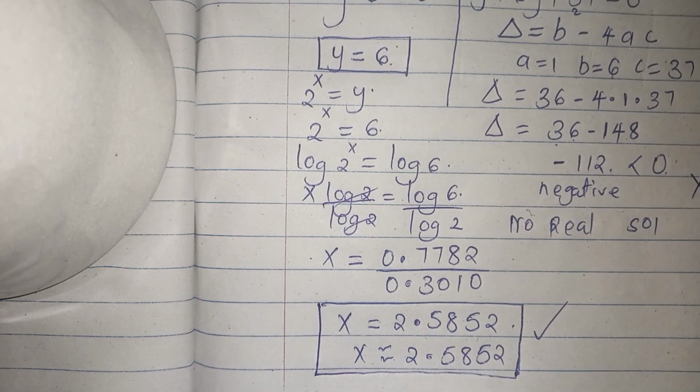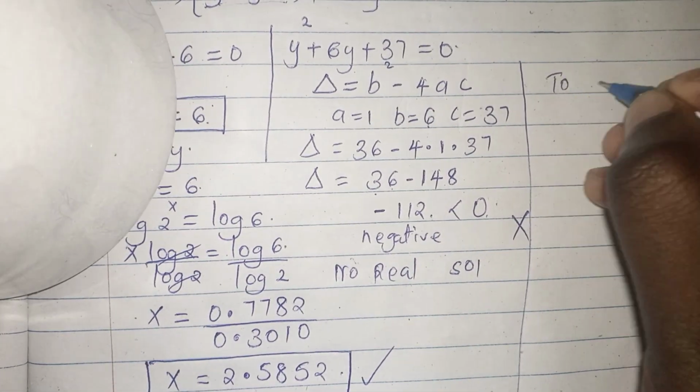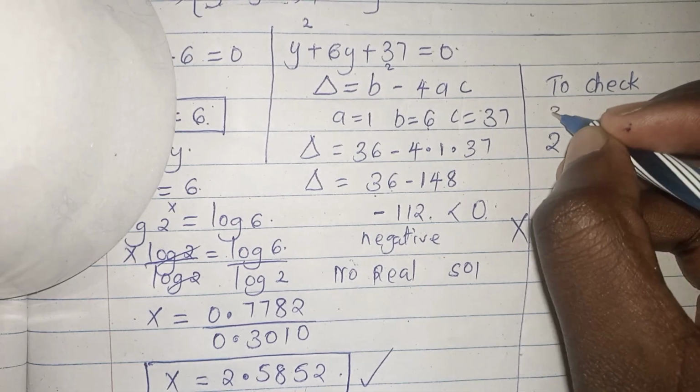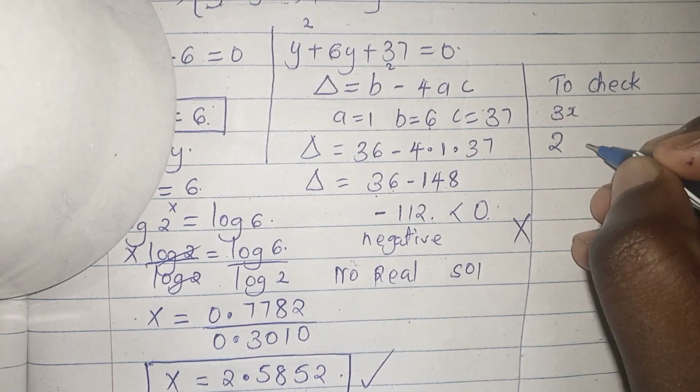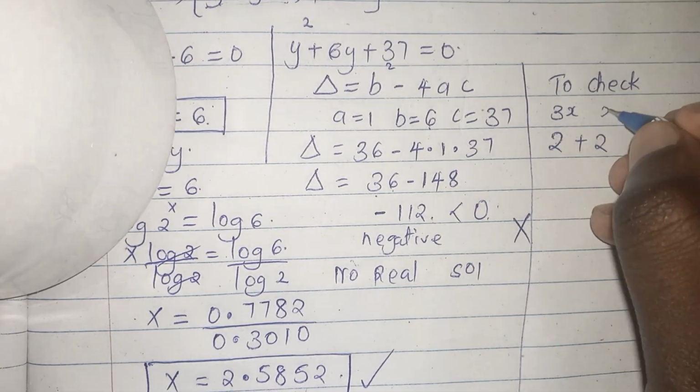So to check, our initial equation, which is 2 to the power of 3x plus 2 to the power of x is equal to 222.